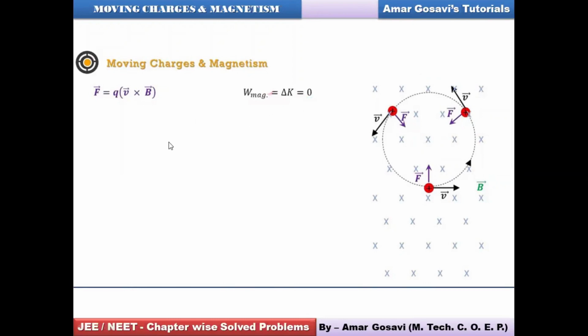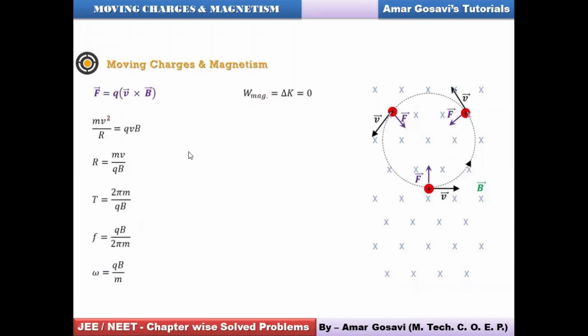Apart from that, if I equate this force to the centripetal force, friends, then we can derive some basic things. Force being equated to centripetal force, mv square by r equals qvB. With the help of this equation, you can estimate what the value for the radius would be. Similarly, the time period will be 2 pi r divided by v.